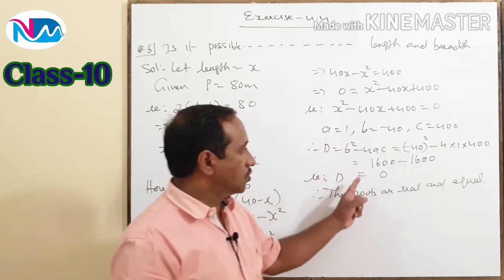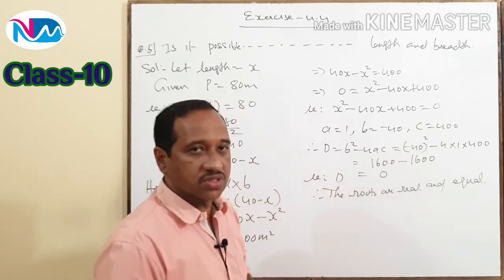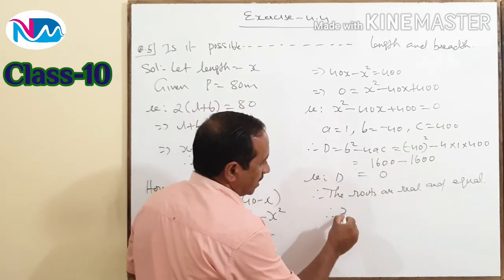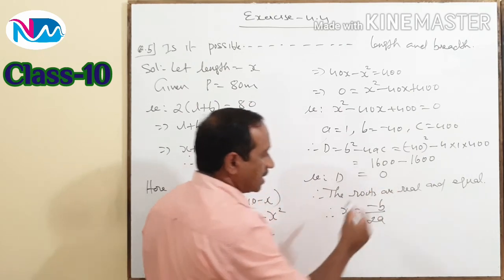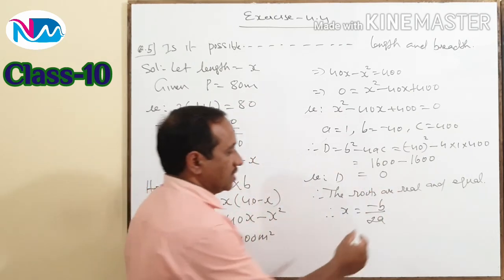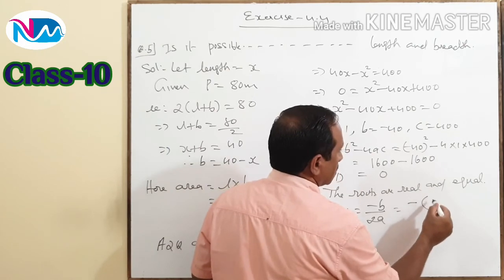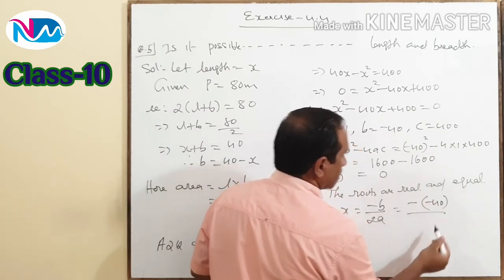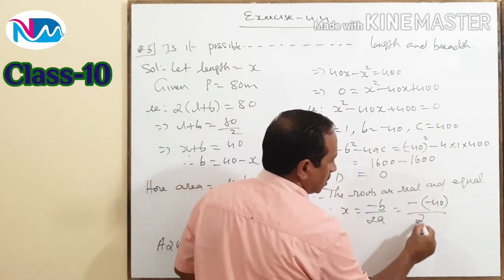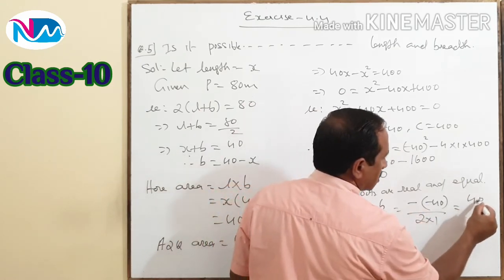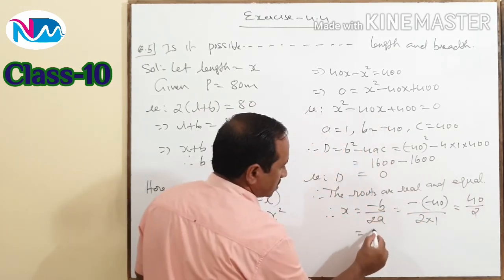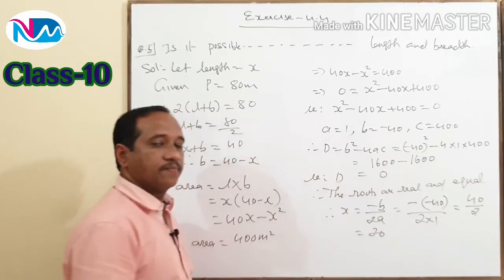Since the quadratic equation has real and equal roots, we can find the value of x by using minus b by 2a, that's equal to minus of minus 40, the value of b is minus 40, by 2 into 1, that is plus 40 by 2, which is equal to 20.